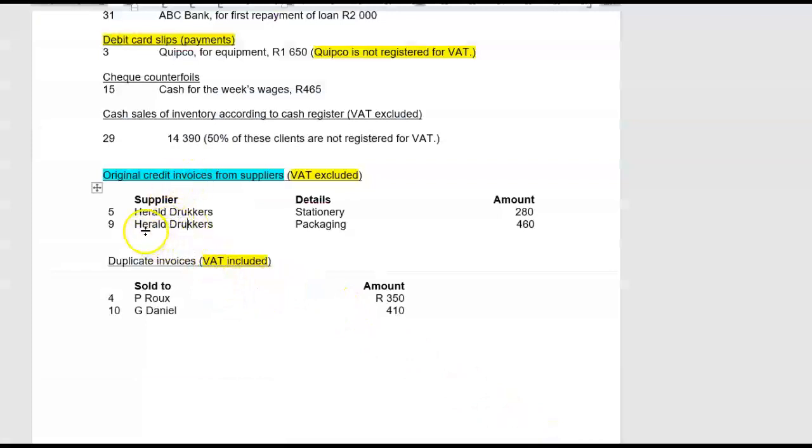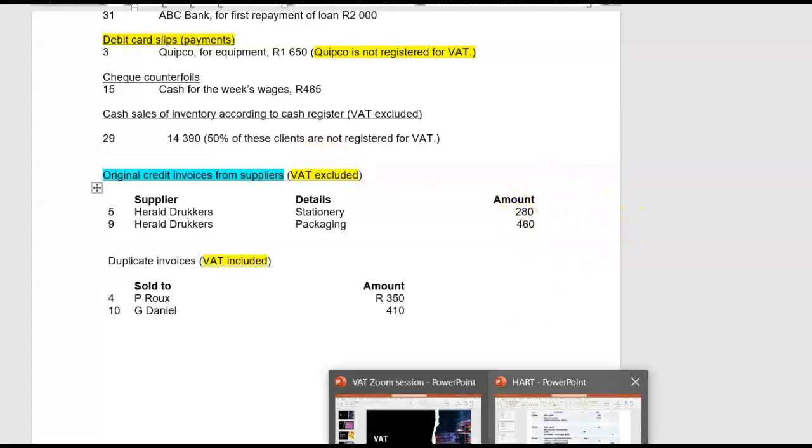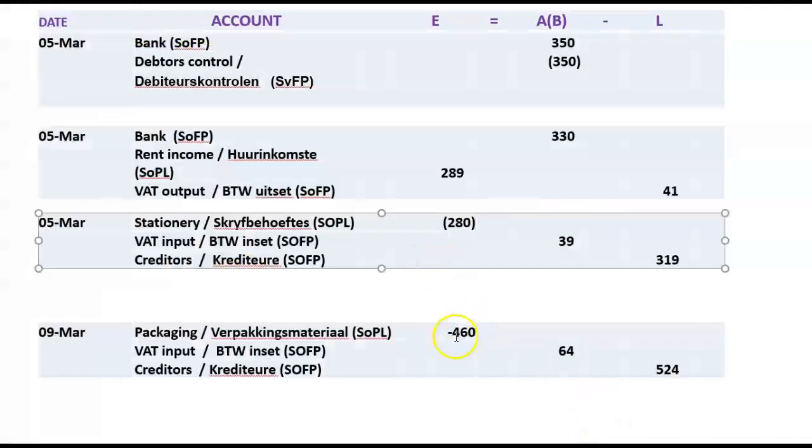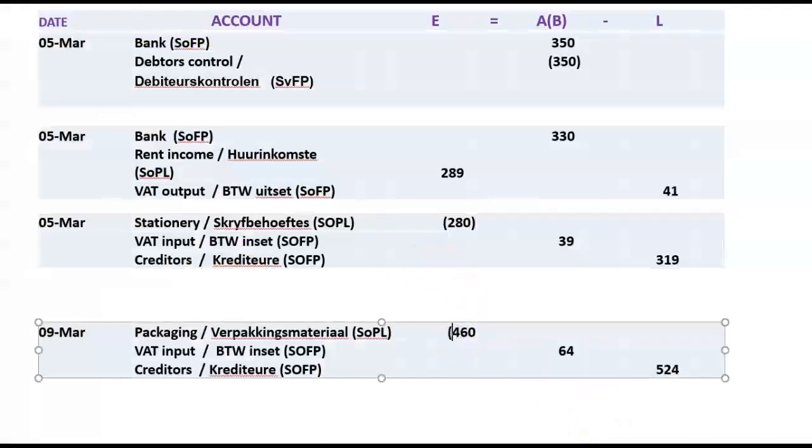On the 9th, we're also buying packaging material from Herald for a VAT exclusive amount of 460 Rand. So we're going to treat this exactly the same. The packaging expense account is going to increase, so therefore equity is going to decrease.